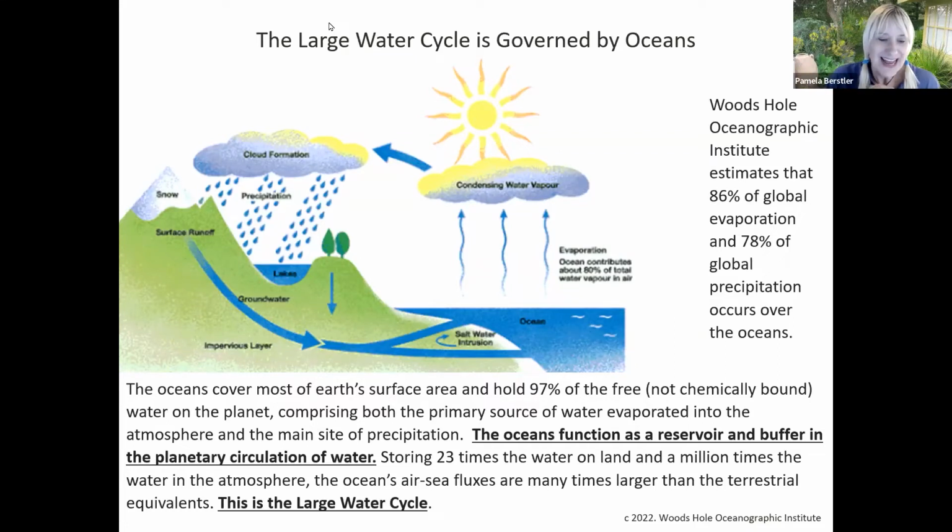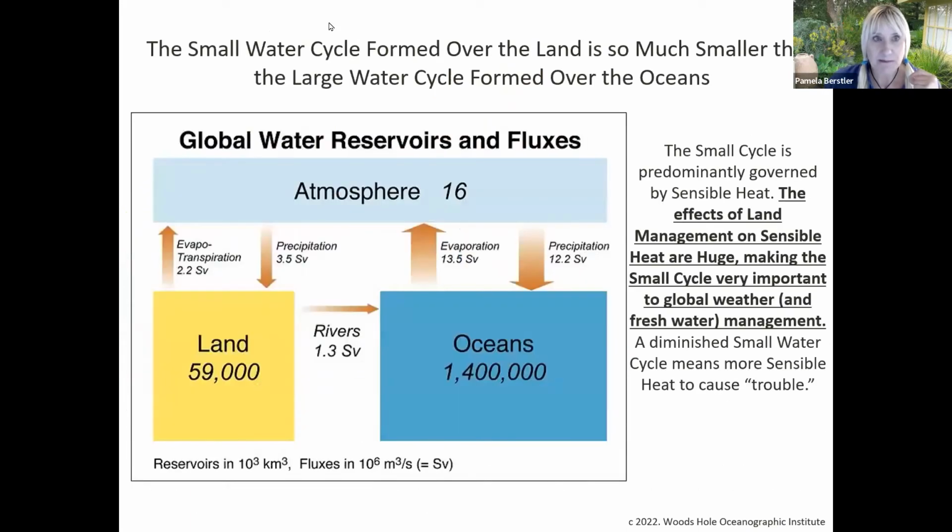Where do we live? Yeah. So the large water cycle or big water cycle is from the oceans. And the small water cycle pales in comparison to the big water cycle. And because of that, we often don't hear about it.